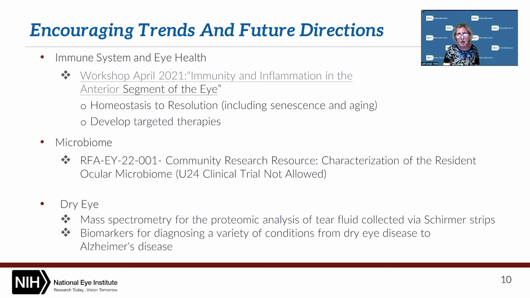In this workshop, they covered topics for immunology in the eye, ranging from homeostasis to resolution, including senescence and aging. They also covered aging, microbiome and the environment, and neuroimmune interactions. The overall goal is hopefully to develop targeted therapies for inflammation, instead of just grabbing the over-the-counter steroid, but grabbing the specific anti-inflammatory agent that you need.